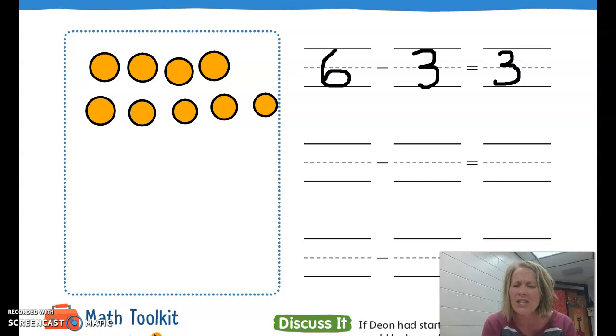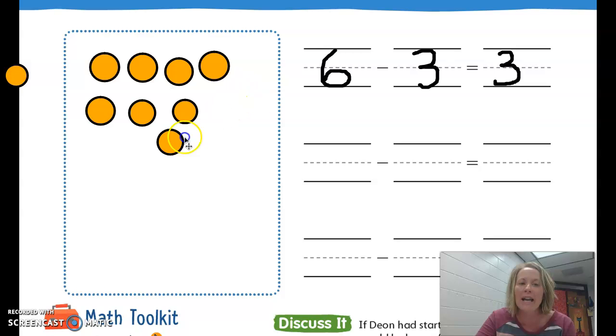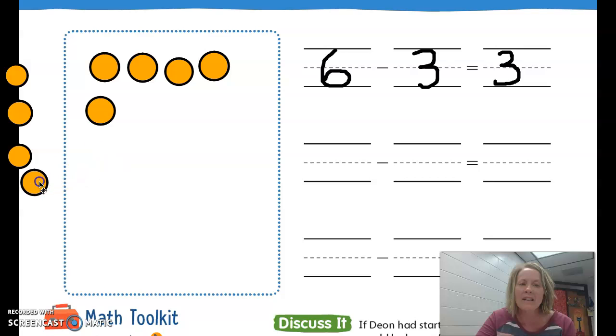What are we going to do to show with our counters what happened if she ate 4 of them? You're right, we're going to move them off. 1, 2, 3, 4. So she had 9 and she ate 4. How many does she have left? You're right, she has 5.